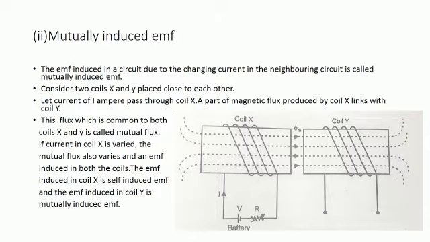Let a current of I ampere pass through coil X. A part of the magnetic flux produced by coil X links with coil Y. This flux, which is common to both coils X and Y, is called mutual flux. If the current in coil X is varied, the mutual flux also varies and an EMF is induced in both coils. The EMF induced in coil X is self-induced EMF and the EMF induced in coil Y is mutually induced EMF.